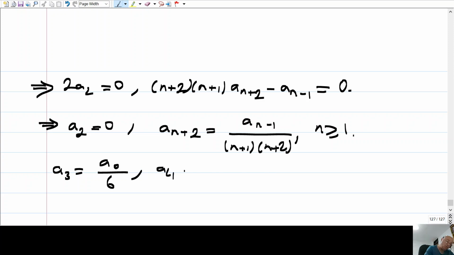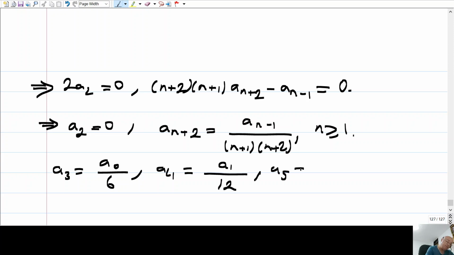And then a4 is what? A4, so n equals 2, is a1 over 3 times 4, which is 12.